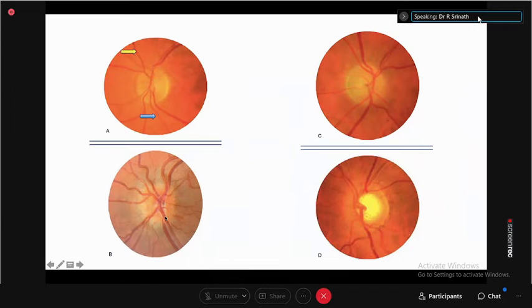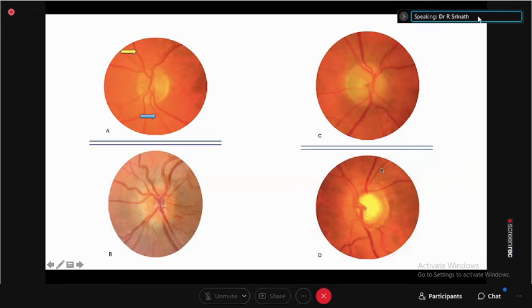You cannot make a differentiation with the margin. The margin is blurred. And we can also see that there is a lot of tortuosity of the vessels. Whereas in diagram C, which is optic atrophy, you can see there is a lot of paleness in the entire disc, and the vessels are actually normal.